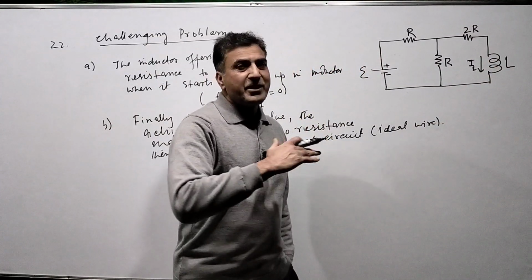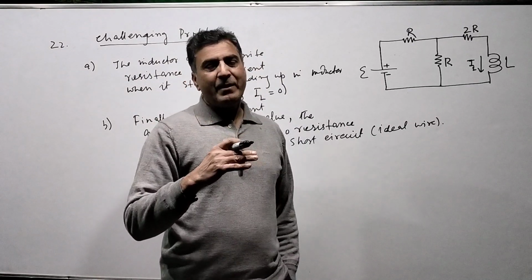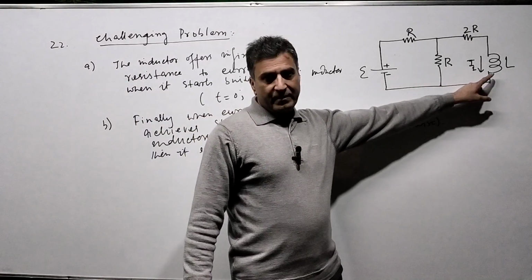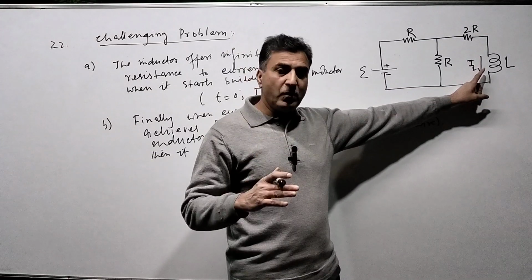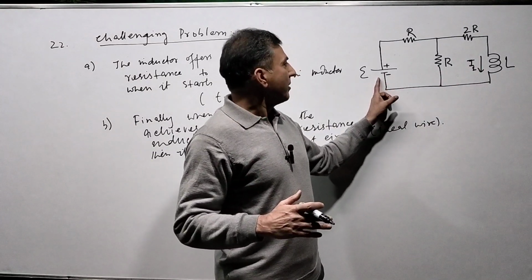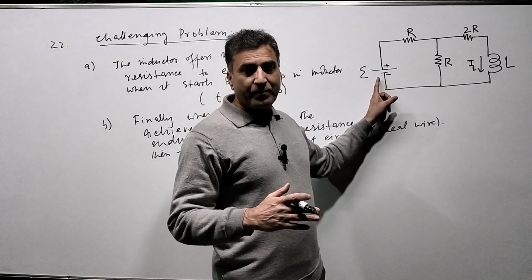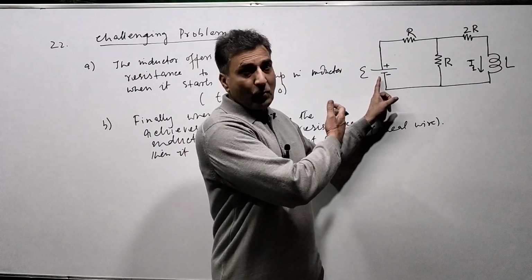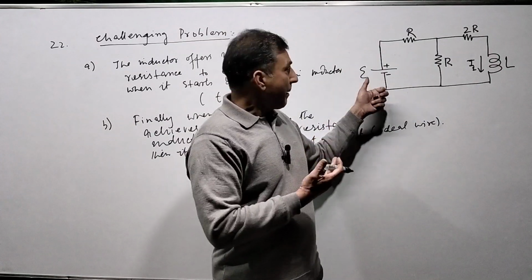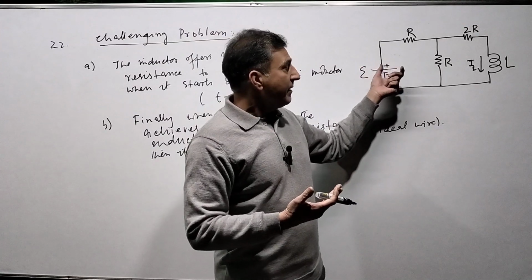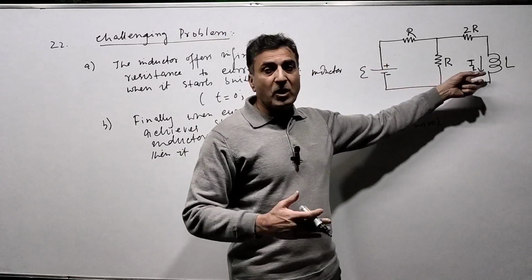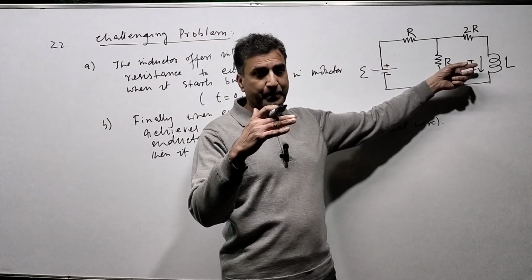How the current in the inductor changes with time, how it builds up. It is a growth of current in the inductor. Initially, the current in the inductor is 0. Then, if we switch on the source, the input voltage or a battery, the current starts building up in the inductor.